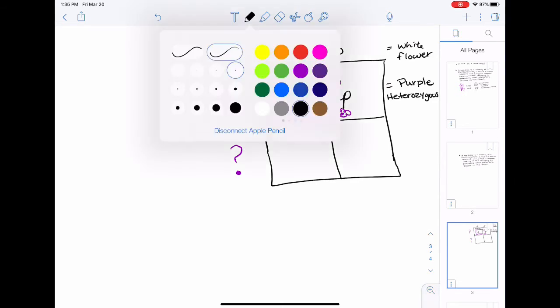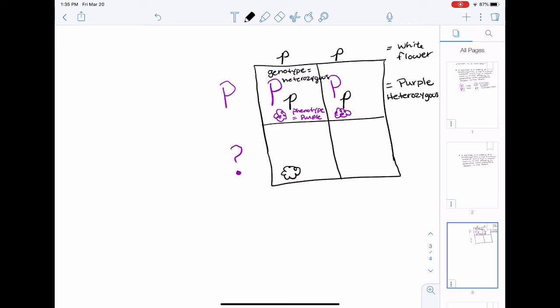If he gets a phenotype down here of white, we know that in order to have a white flower, he's got to have two recessive genes. So what does that tell us this gene right here has to be? It has to be recessive, because he has to have one gene from the mom and one gene from the dad.